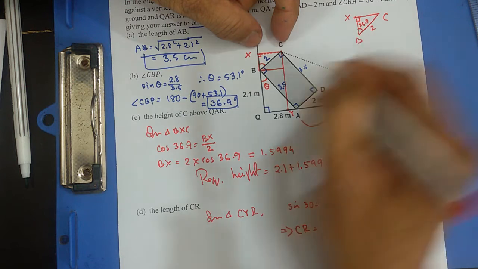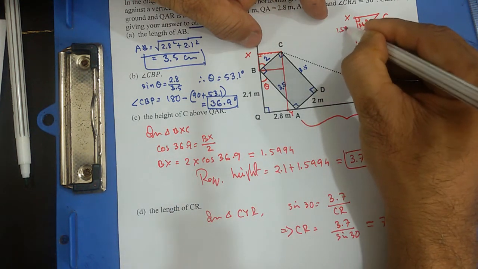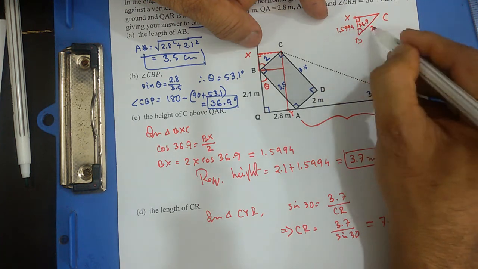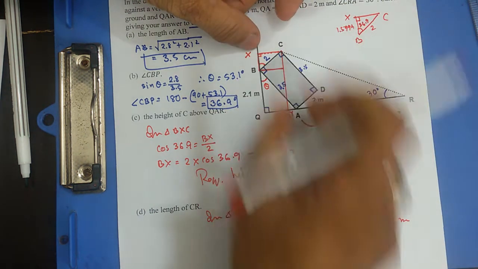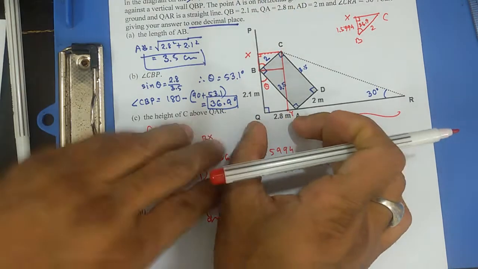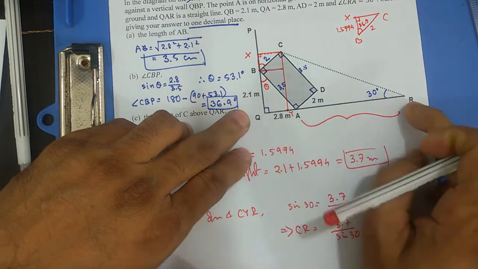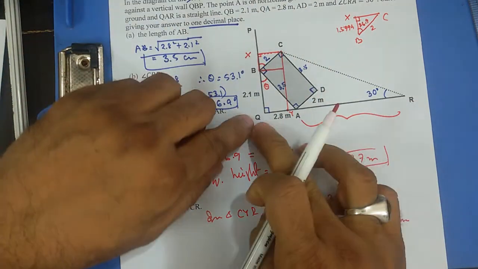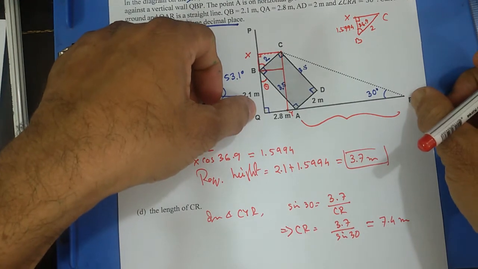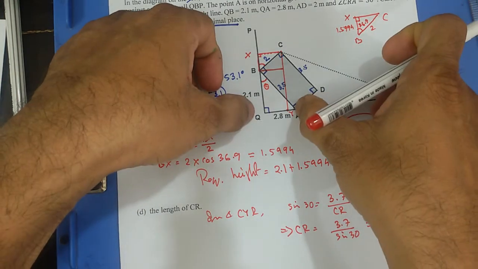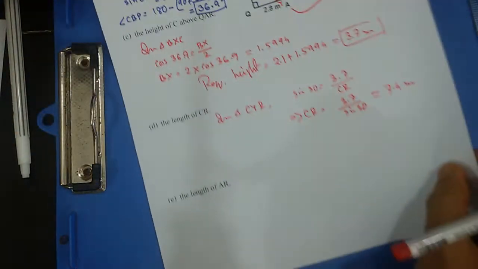We know BX was somewhere over here, 1.5994. I have two sides and an angle, so I can get CX. CX equals QY. Now from this triangle I can find YR. So if I add this QY and YR, that's going to be QR. From QR, if I subtract QA, that's going to give me AR.